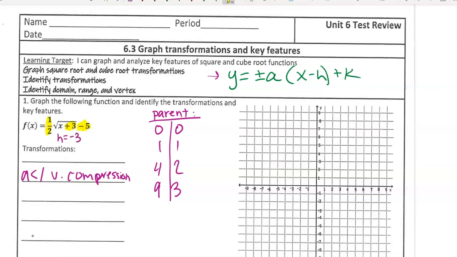And our last number here on the outside of the radical is k. So that -3 tells me we are moving right, oh, just kidding, left, left 3, and down 5.